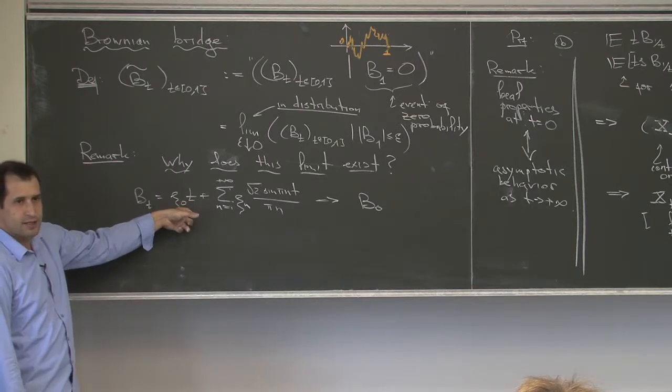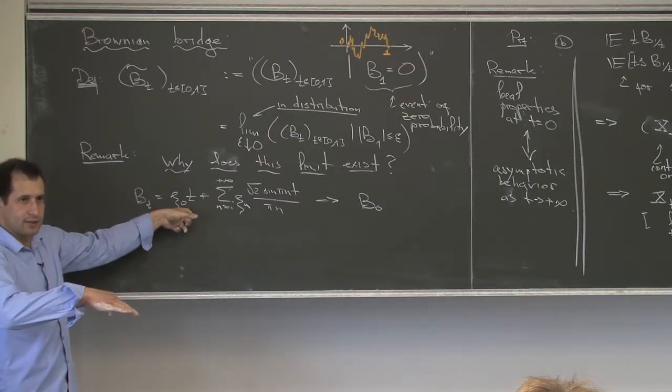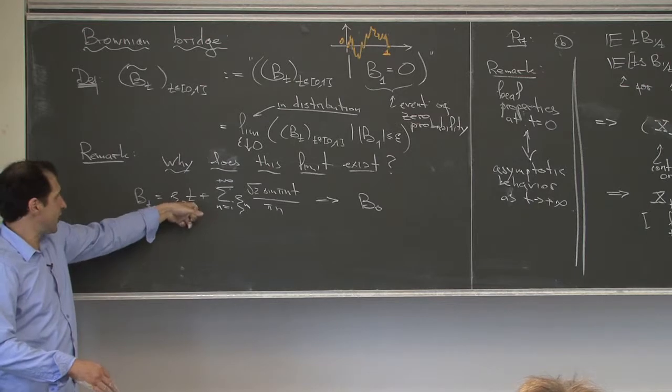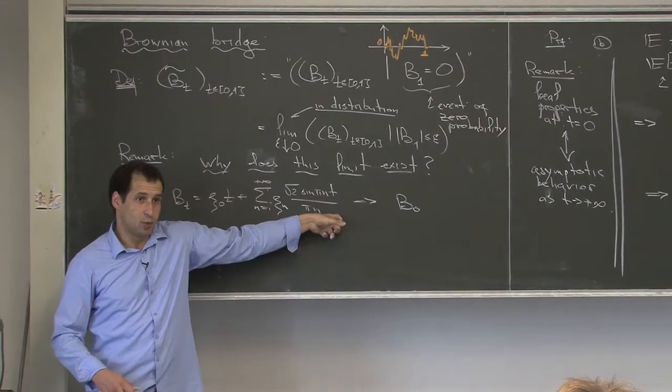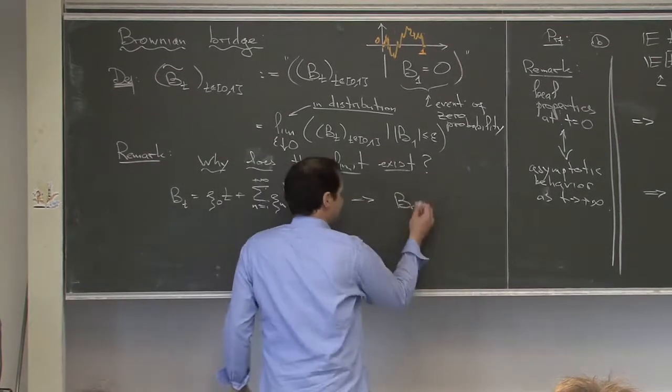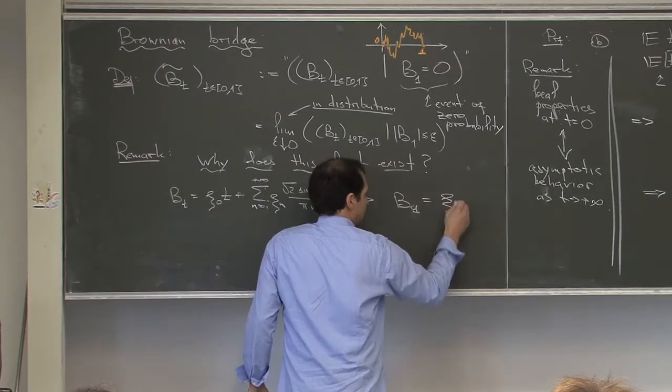The first basis function was just the constant, right? So because of that, it was t, and everything else vanished at 1. So B_1 is exactly xi_0.